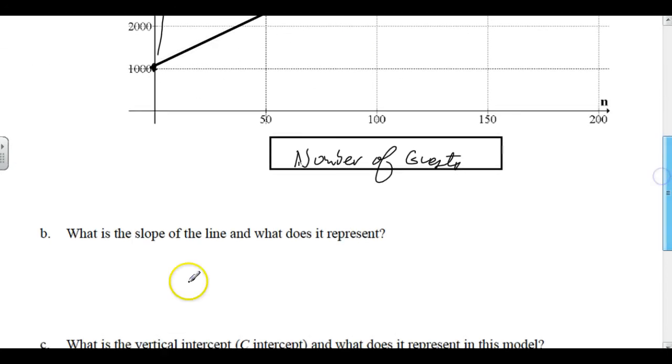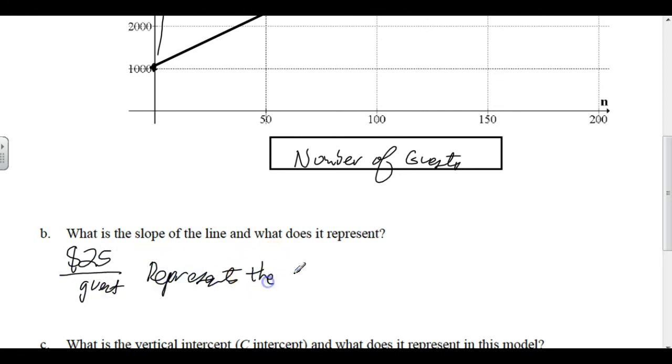So that's the slope of the line, $25 per guest, and it represents the cost per guest. Right? And we can get that as a unit rate.